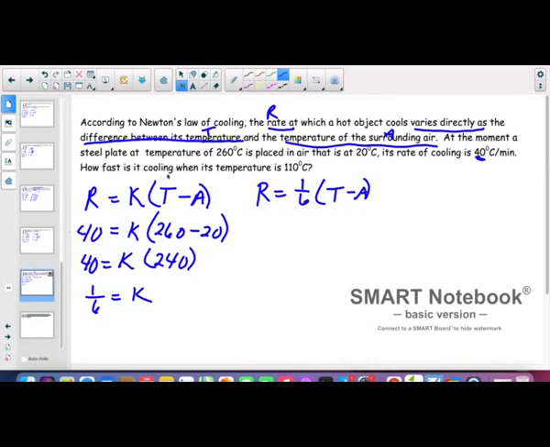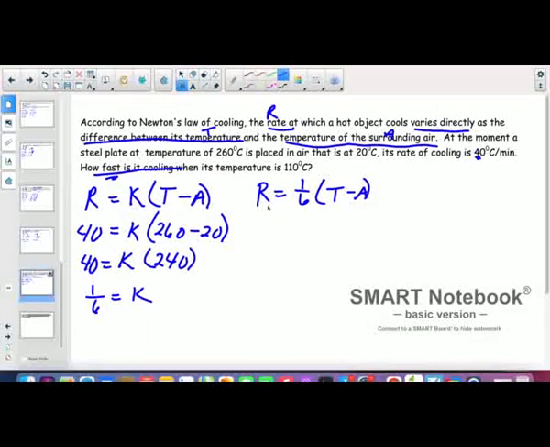And now it says how fast is it cooling when its temperature is 110 degrees Celsius. Okay, so they're asking us to figure out how fast it is cooling. Well, isn't the speed the same thing as the rate? So they're wanting us to find the rate here.